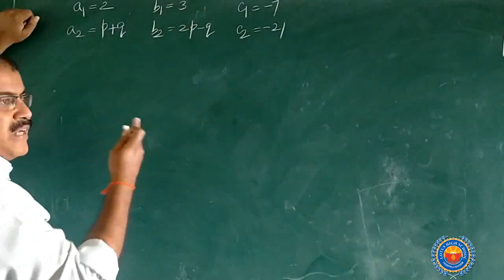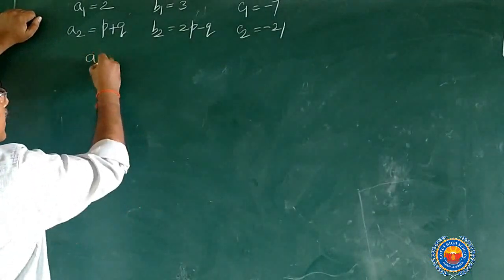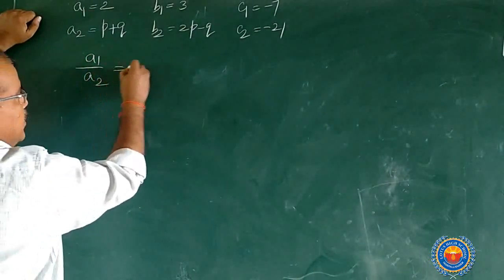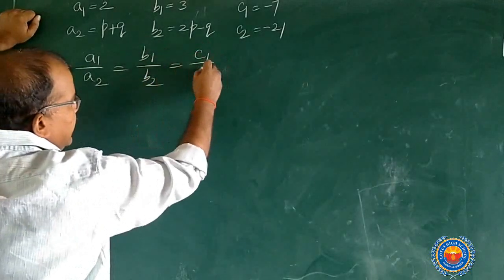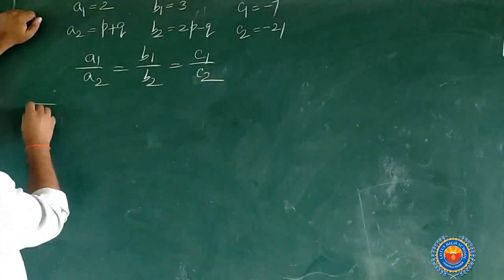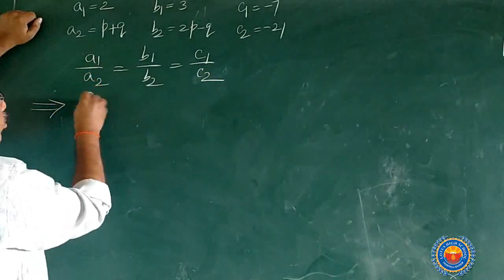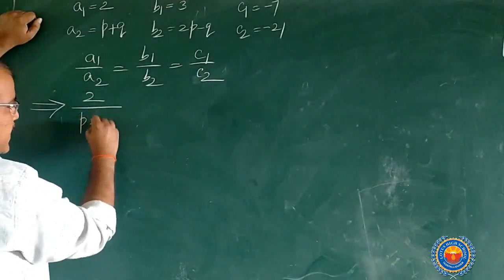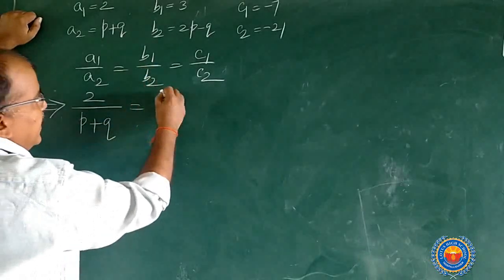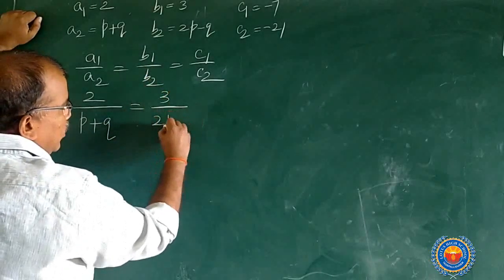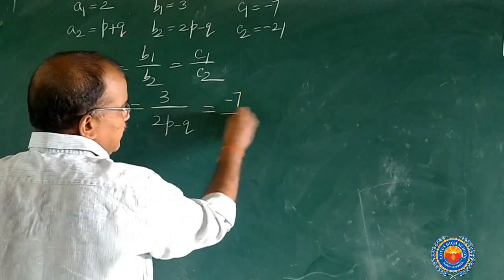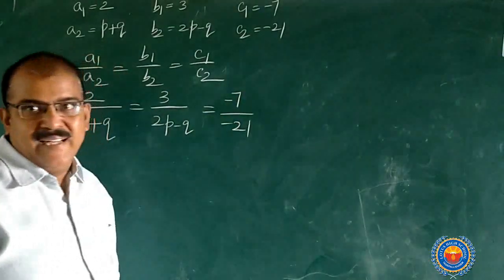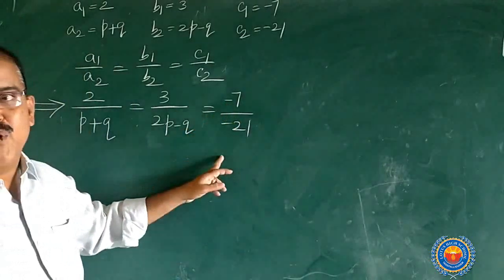Actually, what is the condition for infinitely many solutions? a1 by a2 is equal to b1 by b2 is equal to c1 by c2. That implies a1 is 2 by p plus q is equal to b1 is 3 by 2p minus q is equal to c1 is minus 7 by minus 21.